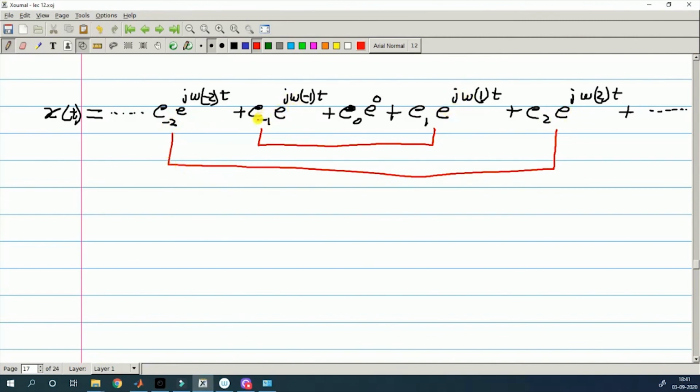And you can determine the value of these coefficients c0, c minus 1, c minus 2, c plus 1, c plus 2 with this formula. Cn is equal to the integration of x(t) e to the power minus j omega n t dt, integrated over a complete cycle, any complete cycle, the whole divided by the time period.